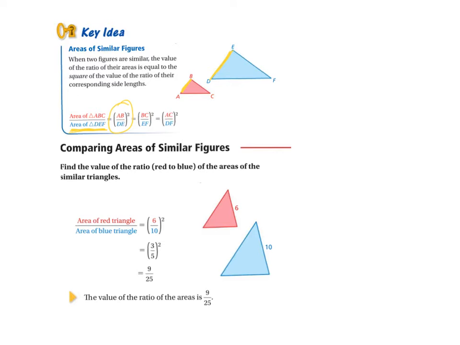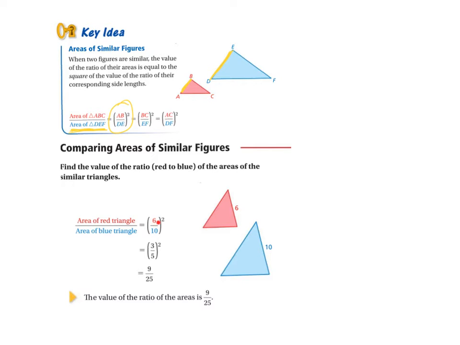Okay, and as you can see down here in their example, they took the area of the red triangle and set it equal to this ratio of 6 to 10. 6 for the red triangle, blue. It's going to be important to keep these in line, so red and blue, and then they square it.